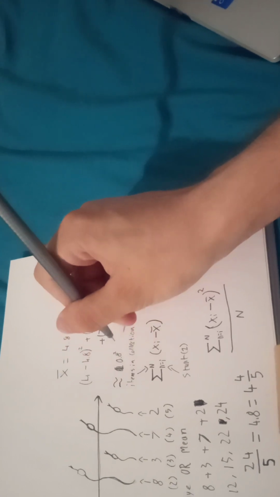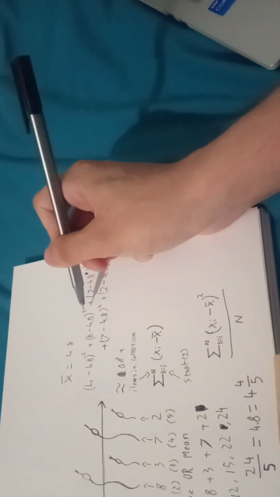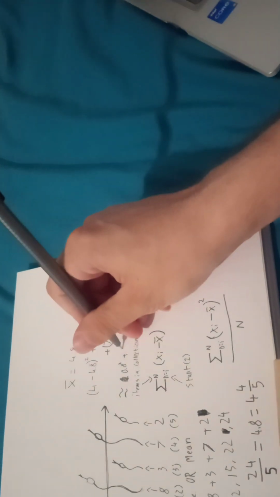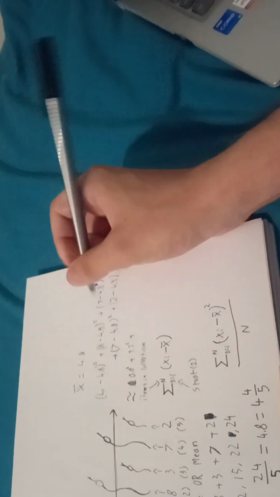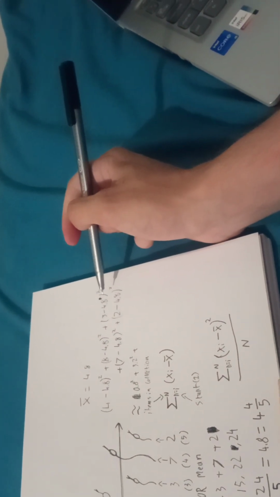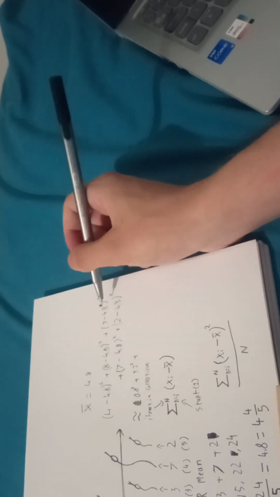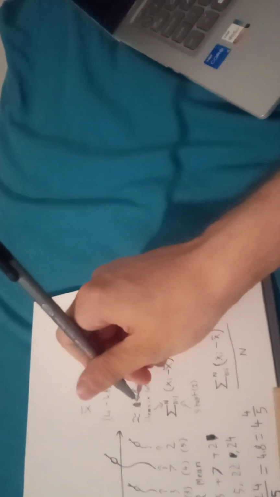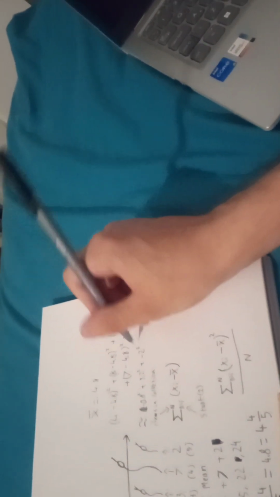8 squared, which is actually 0.64. And then we've got 3.2 squared plus that's going to be about minus 2 squared.